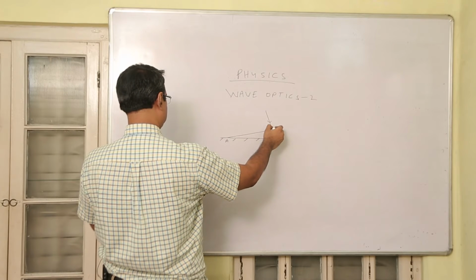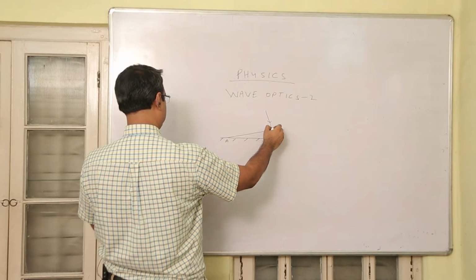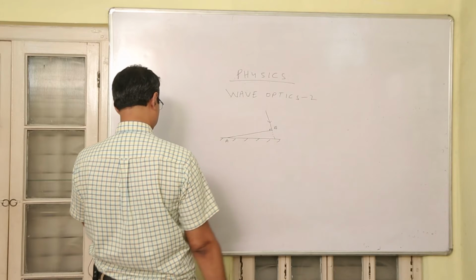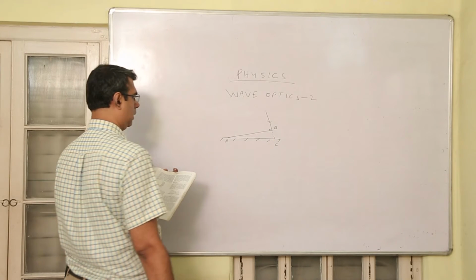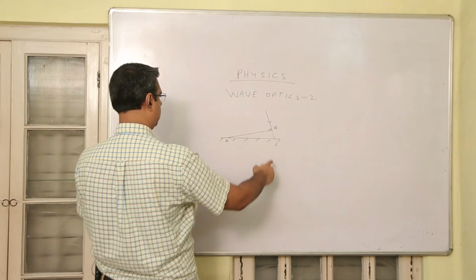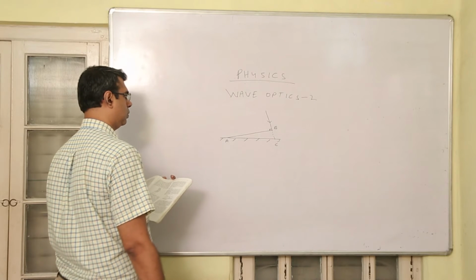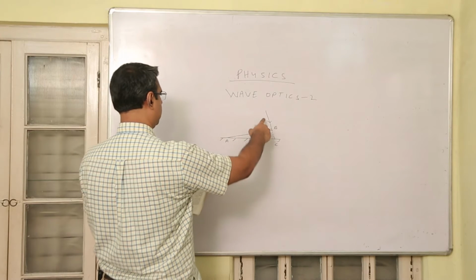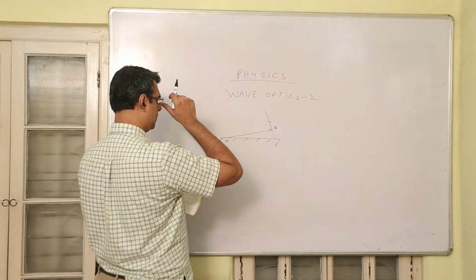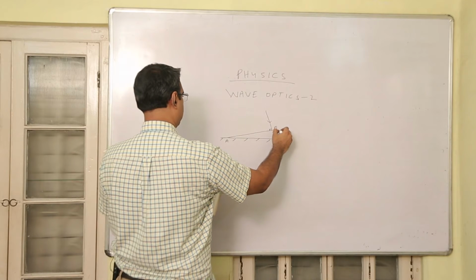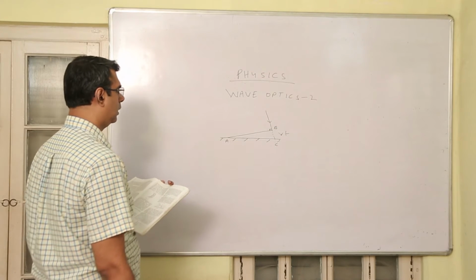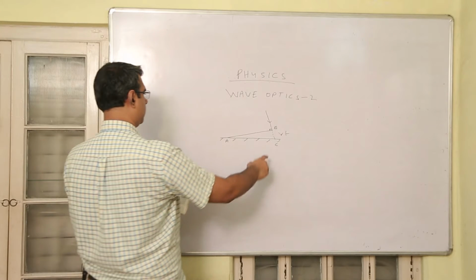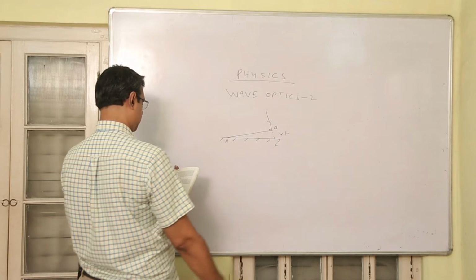This is the incident wave, it is perpendicular to the wavefront. If you produce this, then it will reach the mirror at point C. So you could say that the incident wave is the one shown by this arrow, and after a time t, it will reach the mirror, and the point where it reaches the mirror is C.